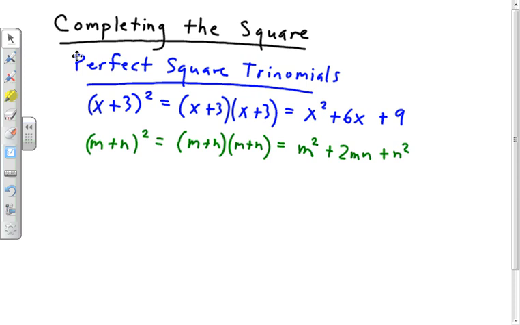This form is a perfect square trinomial. Whenever we see this, we have a perfect square at the beginning, a perfect square at the end, and 2 times the product of those two terms. We know this is a perfect square trinomial. So we're going to use this idea to actually factor into a perfect square.